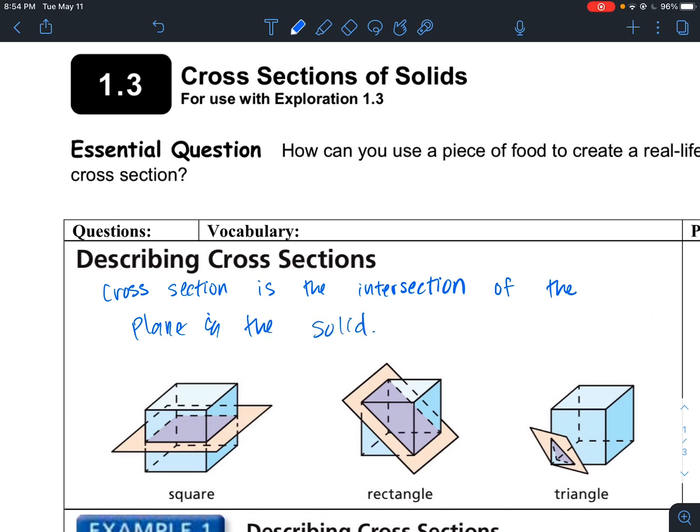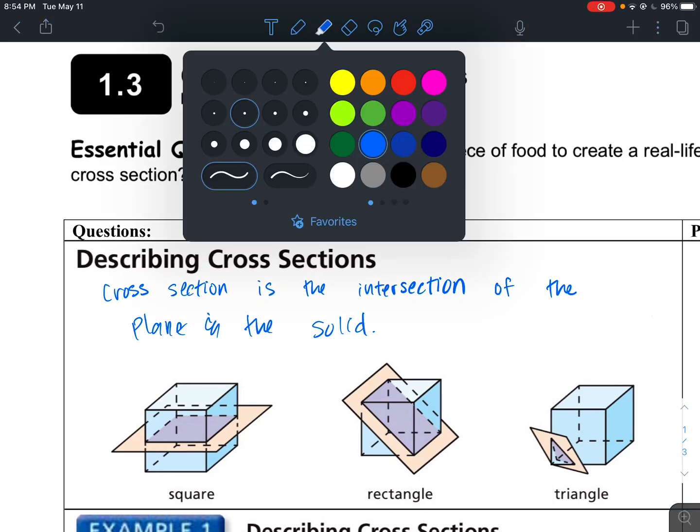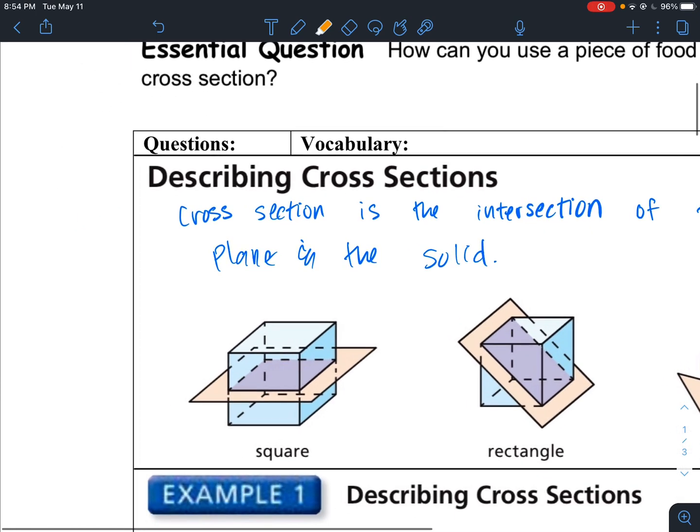So the intersection of the plane and the solid. You see in these figures that the cross section is specifically colored out as this purple region right here. So it's just where the plane and the solid intersect.